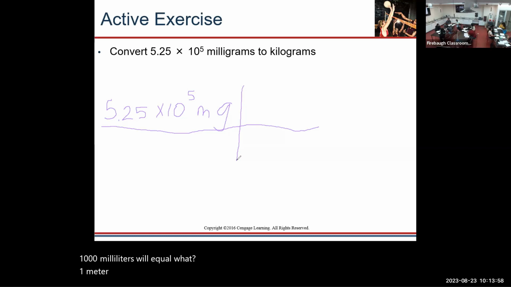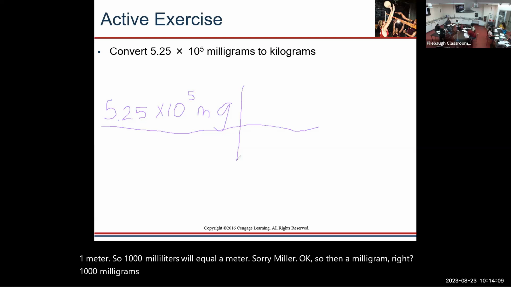So 1,000 milliliters will equal a meter. Okay, so then a milligram, right? 1,000 milligrams will equal grams. Talk about the units now.